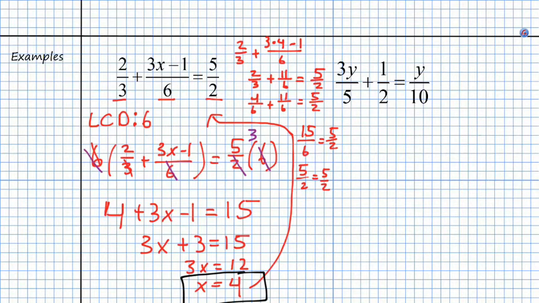All right, and then let's do this next example. So it looks like our common denominator, our LCD, is going to be 10. So we want to multiply everything by 10. So 10 over 5 will give me 2, so it's 2 times 3y.